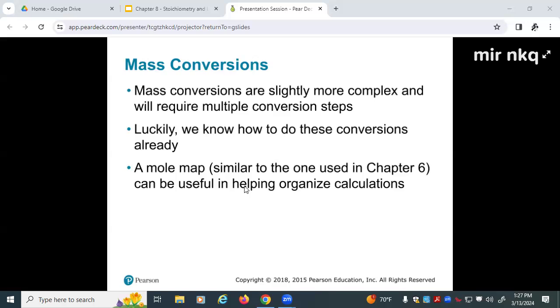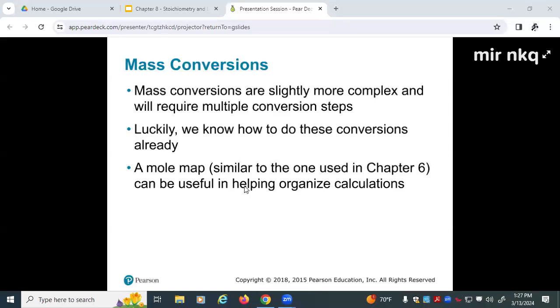It's using the balanced chemical equation to say, hey, that zinc that we were talking about, what if I had 15 grams of that zinc? How much iron would it make? Okay, that's a lot more complex of a question. But we're going to take some steps to help organize ourselves so that it's not as complicated. And we can kind of see the pathway. And so that's what this is all about.